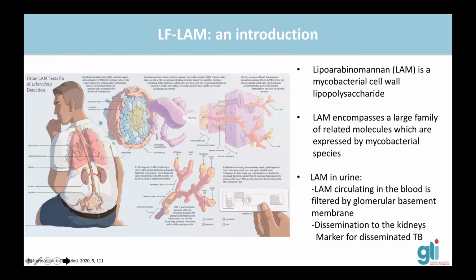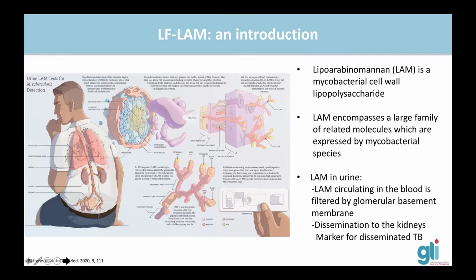The other hypothesis is that in TB/HIV co-infected patients there is more frequently an infection of the kidneys, and therefore LAM gets secreted in the urine more efficiently. So in a way, it's also a marker of disseminated TB.